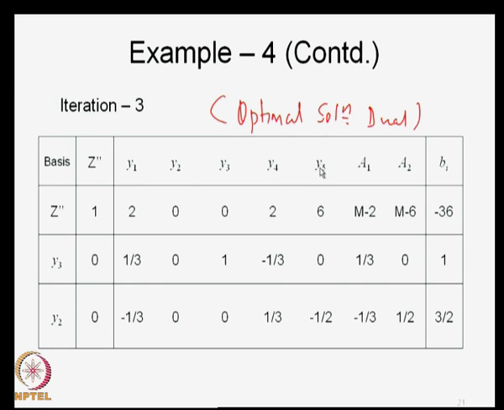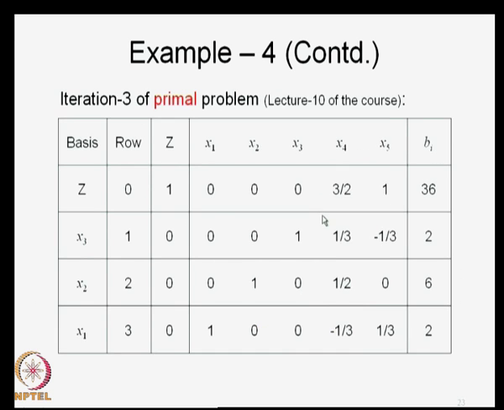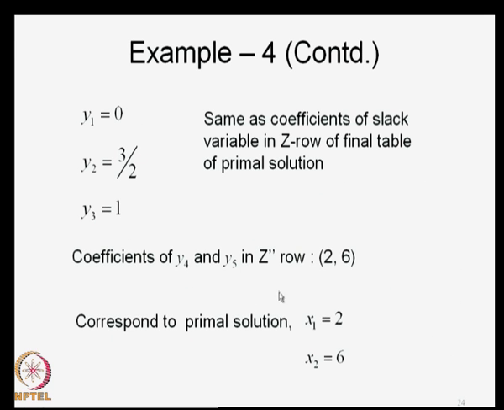The coefficients corresponding to the surplus variables in the final table in the z row are 2 and 6, and these correspond to the variables x 1 and x 2 of the primal problem. So, the solution 2 and 6 correspond to the primal solution x 1 is equal to 2 and x 2 is equal to 6.